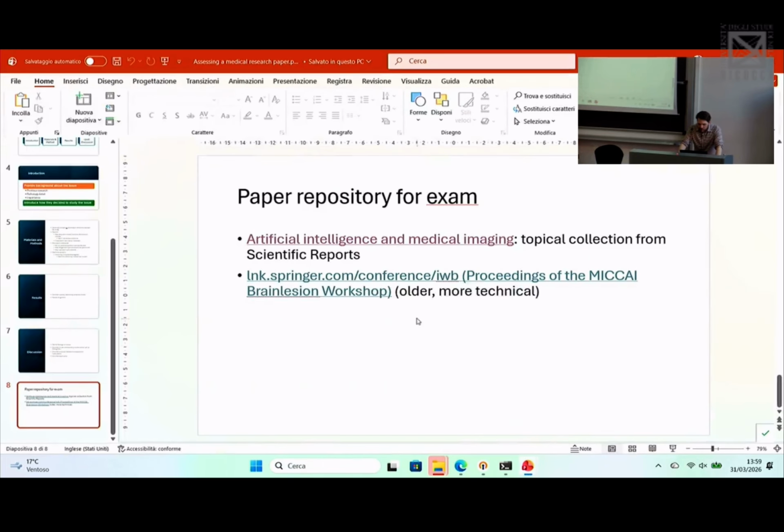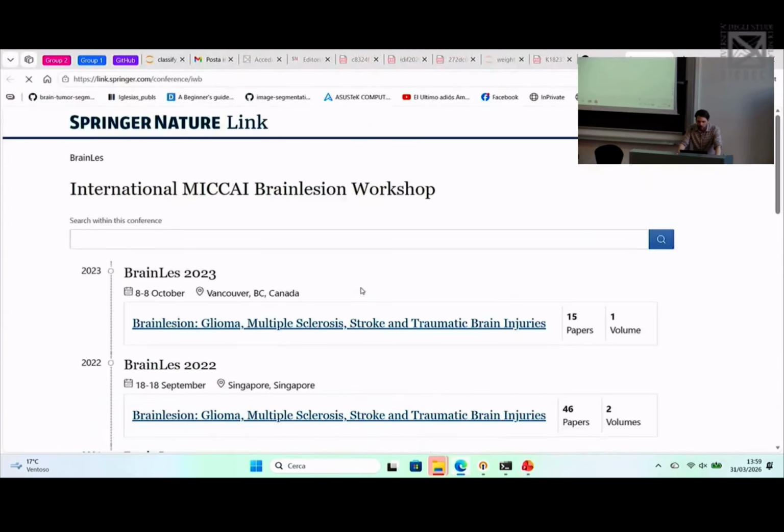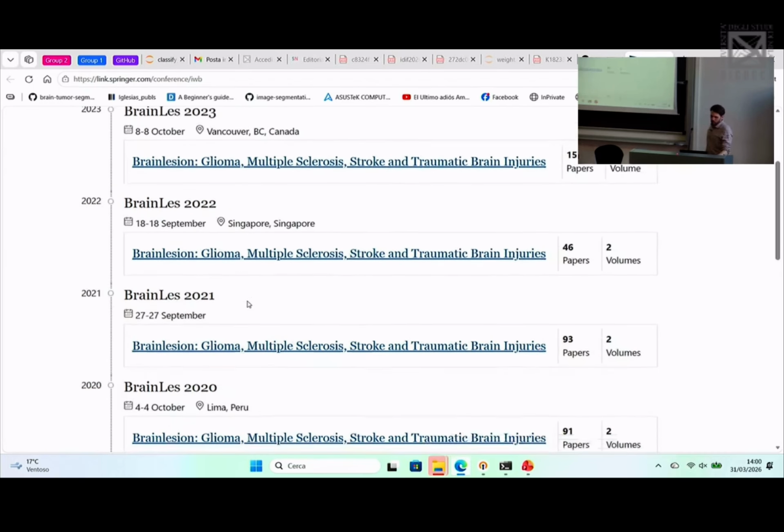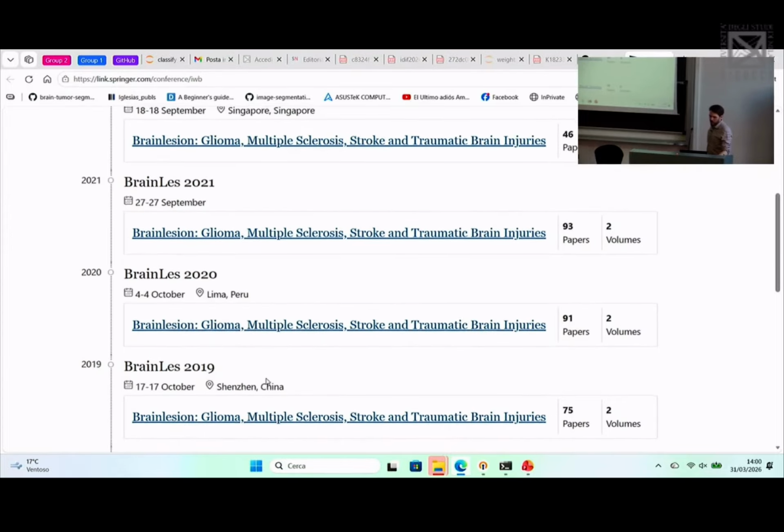Now, the second repository is slightly older because it goes down to 2023. This is about a conference mostly dedicated to engineers, even if it is for medical imaging, but it's for engineers, so it was much more popular a couple of years ago.